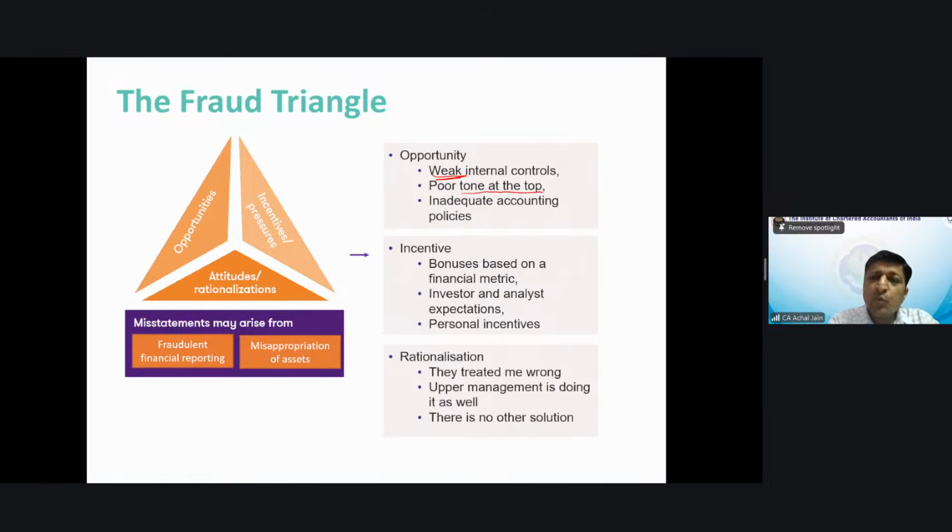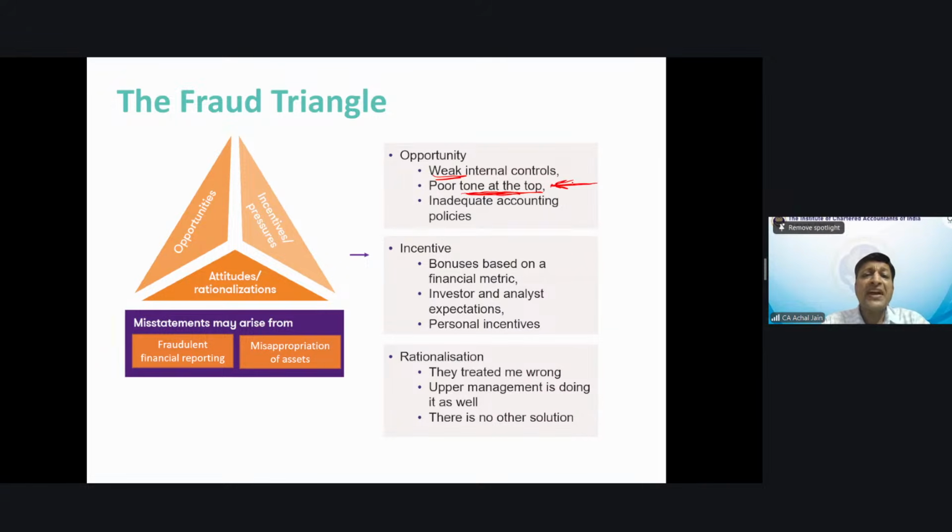What if there's a poor tone at the top? What will happen? The middle management, the lower management, and the employees will all understand that the top management is not really focused at all. And that will provide them the opportunity to get into these types of activities wherein they commit fraud.